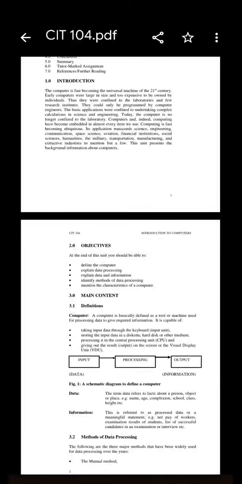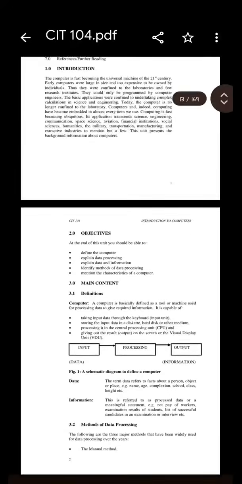I'm not seeing any answer. How many methods of data processing do we have? Okay, I think I've seen 3.